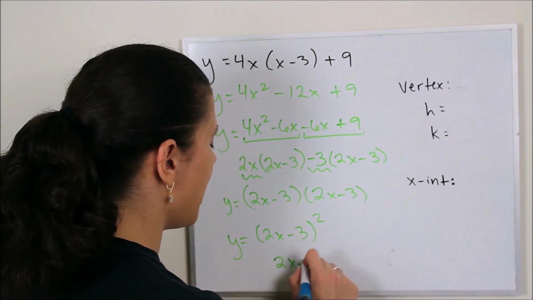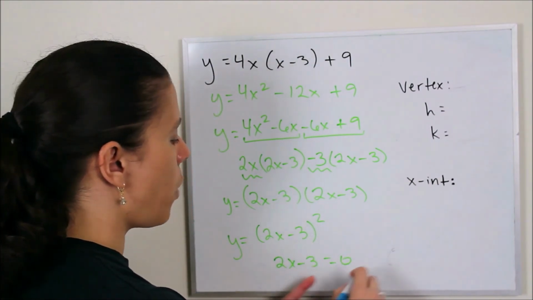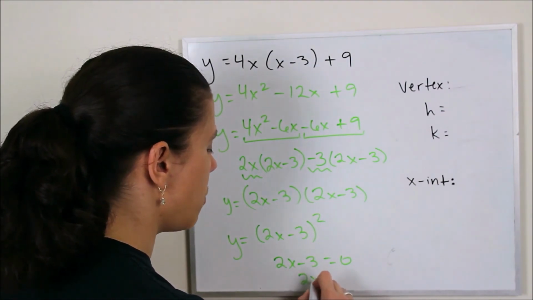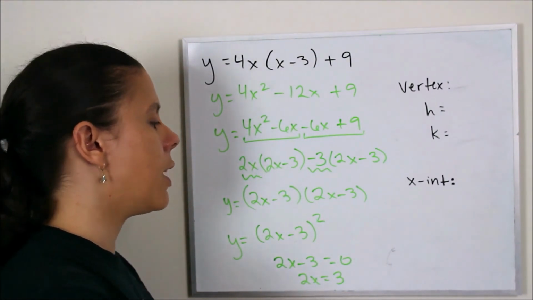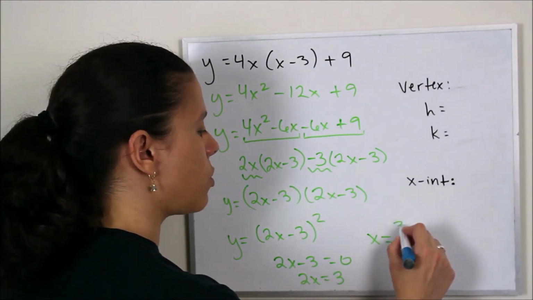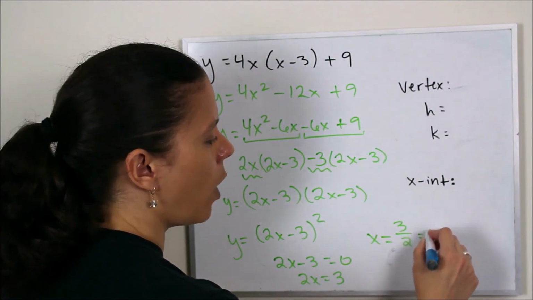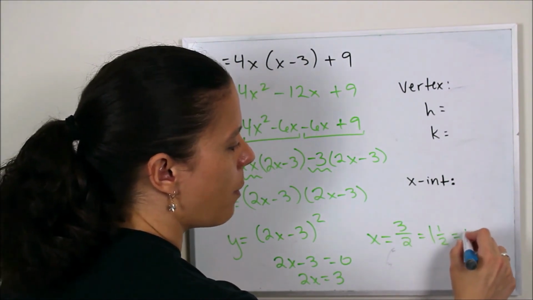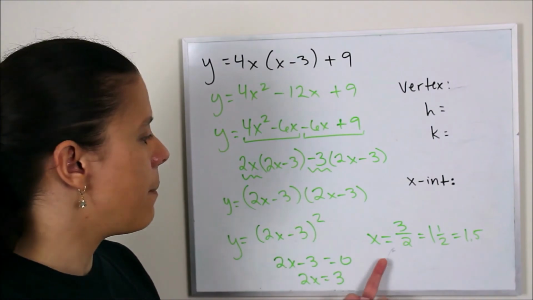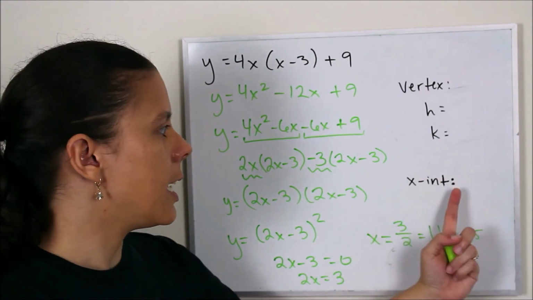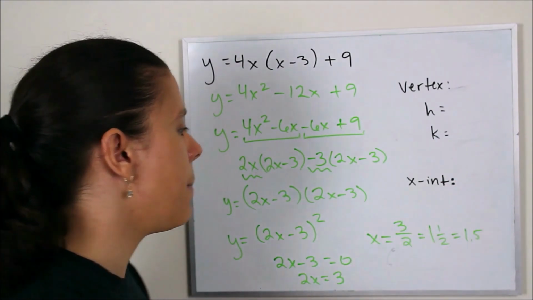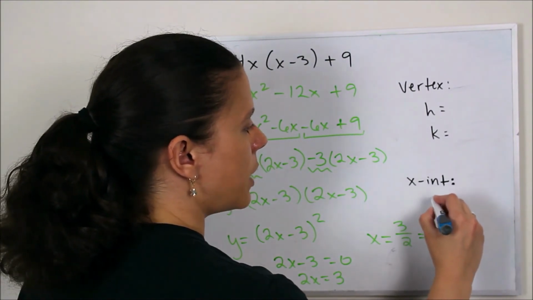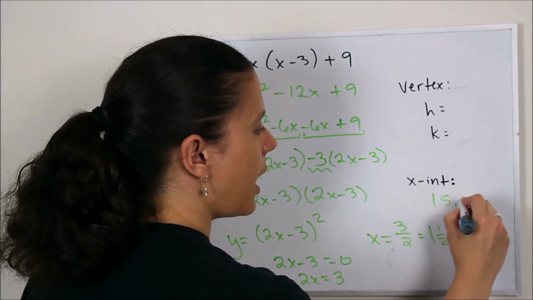So when 2x minus 3 equals 0, we pass the 3 to the other side. We have that 2x equals 3. If we divide by 2, then we have that x equals 3 halves, or 1 and 1/2, which is 1.5. Okay, that is going to be the x-intercept. So the x-intercept is going to be at the point (1.5, 0).